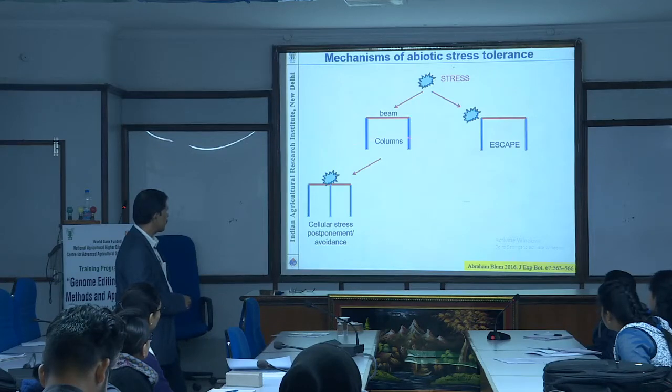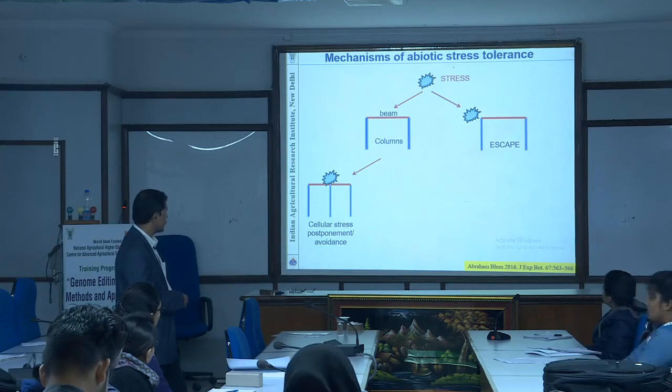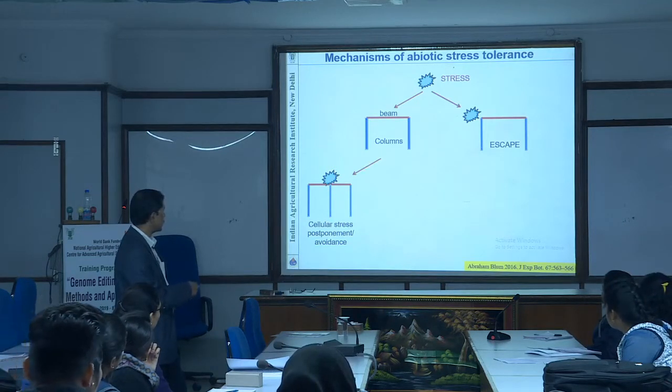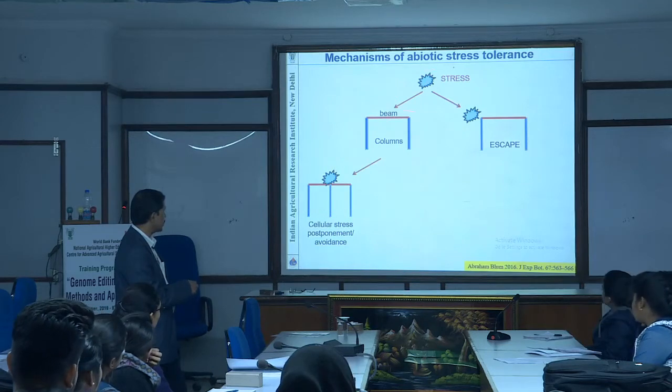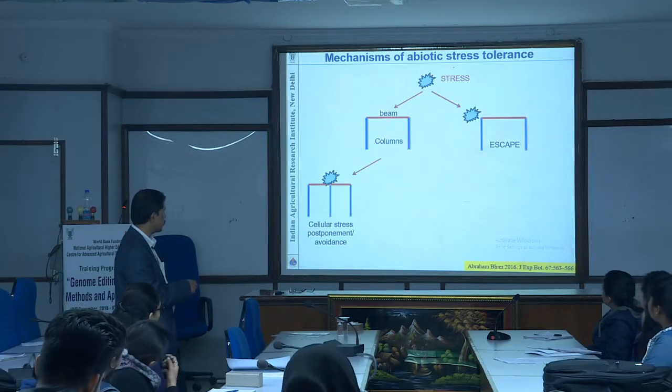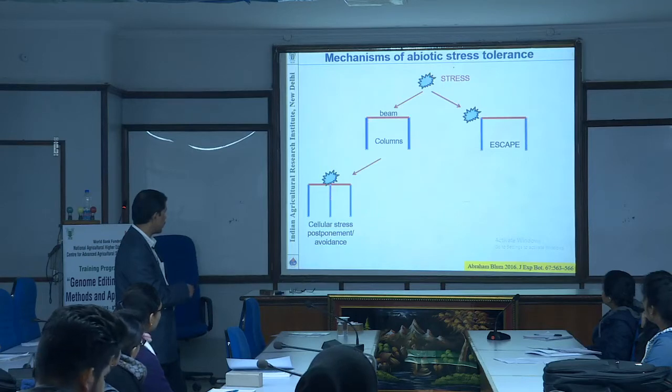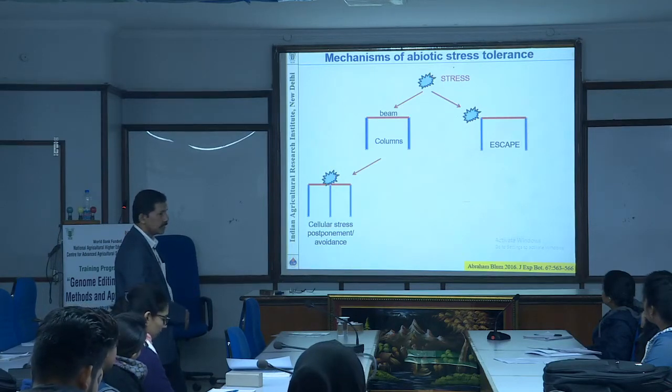If there are 3 beams and the weight is falling on this particular place, it may not have that much impact. If the weight is falling on this beam, because there is no support from the bottom, it may have some bending or breakage. But if the weight is falling here, wherever some support is there, it will not have any effect.